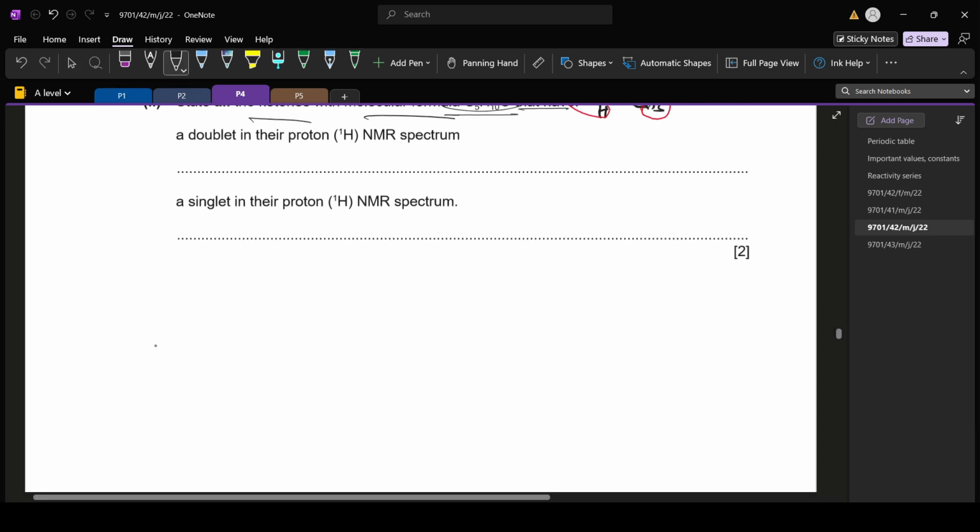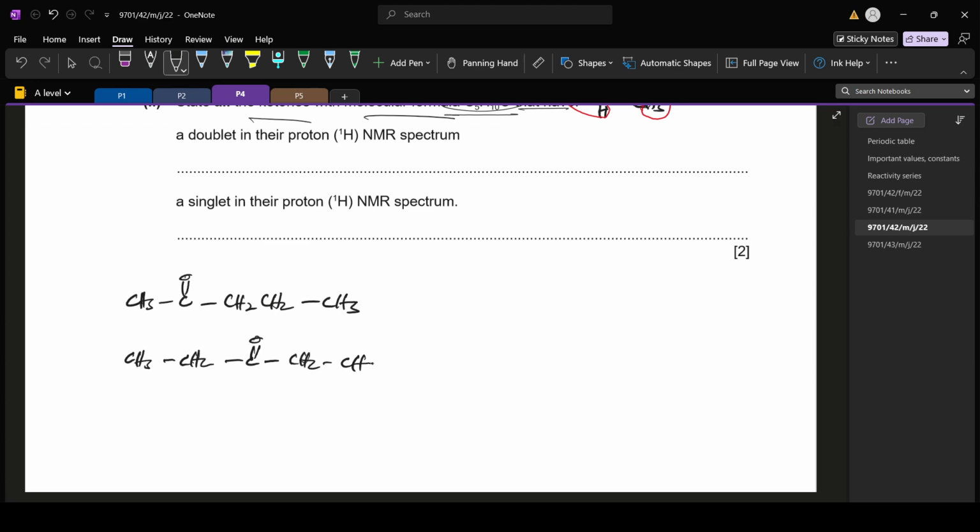Okay. So I'm redrawing all of these structures: CH3, CO, CH2, CH2, and CH3. This is pentan-2-one. Then you have CH3, CH2, C double bond O, CH2, and CH3.